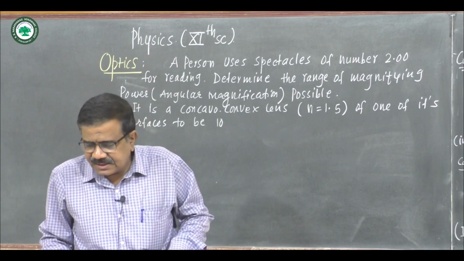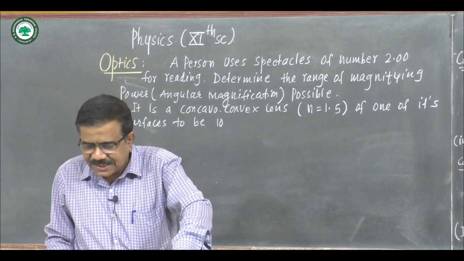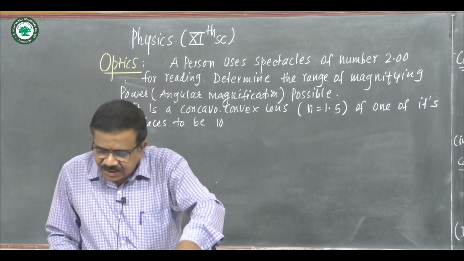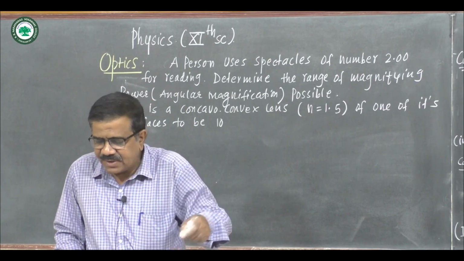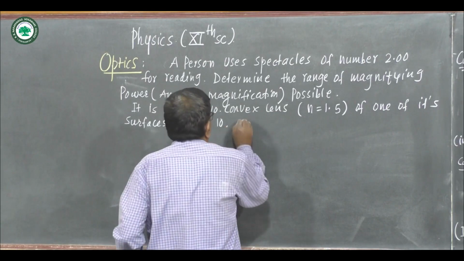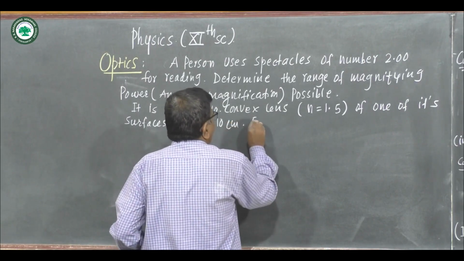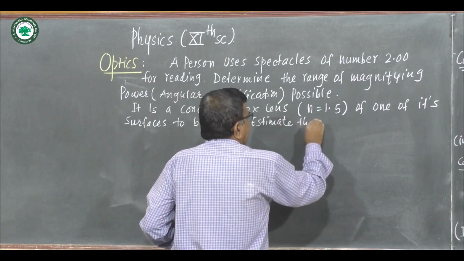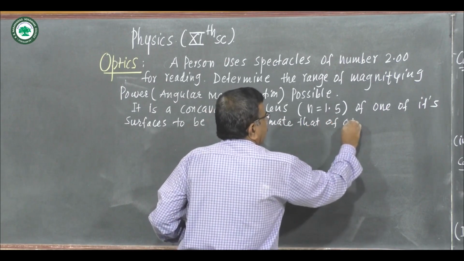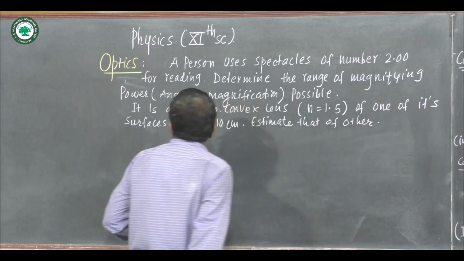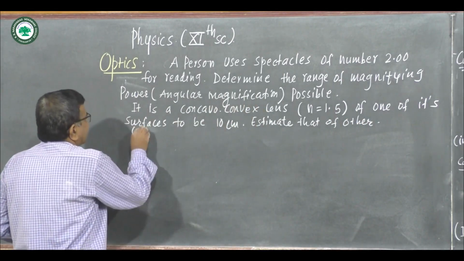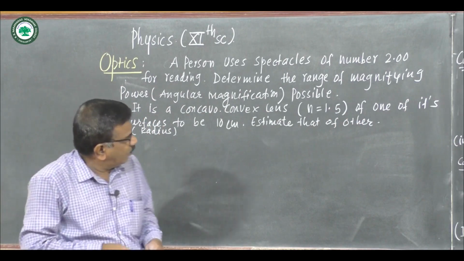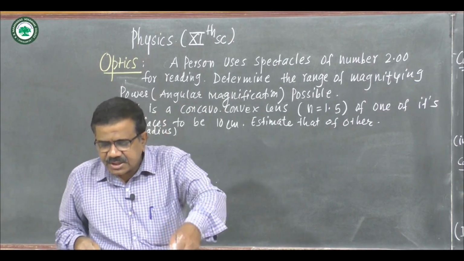If one of its surfaces is 10 centimeter, that is, the radius of curvature of one surface is 10 centimeter, estimate that of the other. One of its surfaces means the radius of one surface is 10 centimeter. We have to find the radius of curvature of the other.